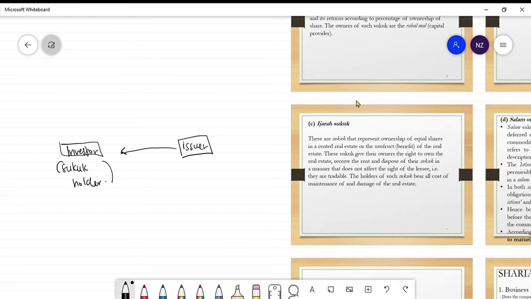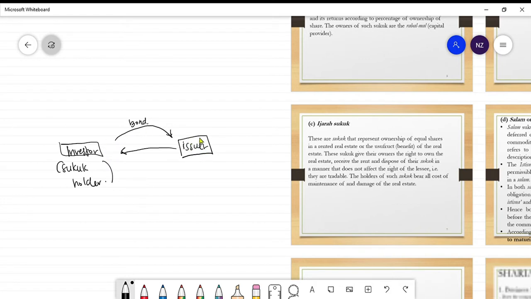So now the investors ni ada shares in the asset or probably real estate of the issuer ni. Mula-mula of course kena ada transaction between issuer and investors. Now bila issuer dah issue bond, the investors akan keluarkan bond to the issuer lah.